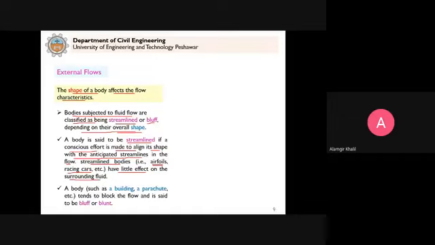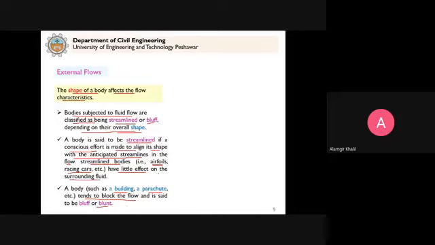A body such as a building, a parachute, etc., tends to block the flow and is said to be blunt or bluff. So such bodies which block the flow are said to be bluff or blunt bodies. For example, a building or a parachute.